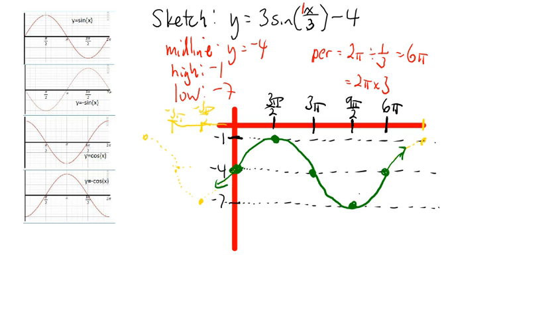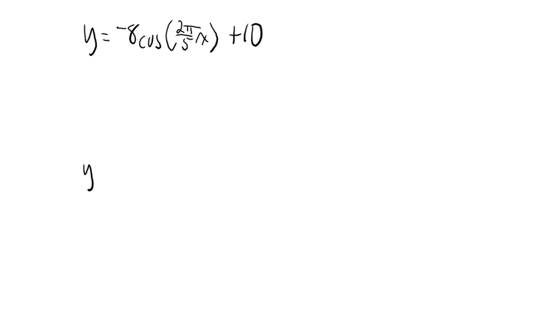Okay, actually, let me go to the next page here. All right, why don't you sketch these 2 problems? y equals, how about -8 cosine 2 pi over 5 x plus 10, and y equals -3 sine 1/2 x plus 3.